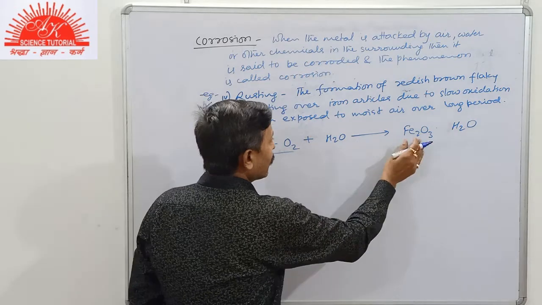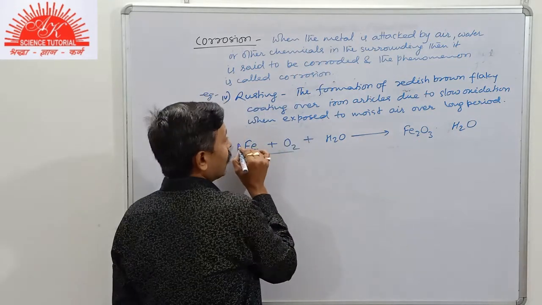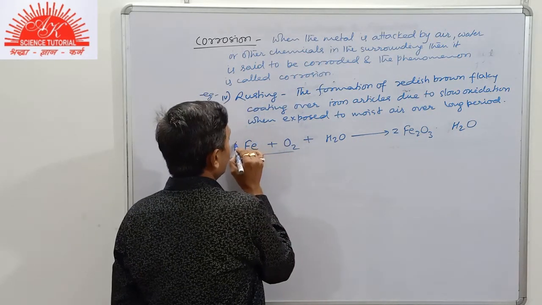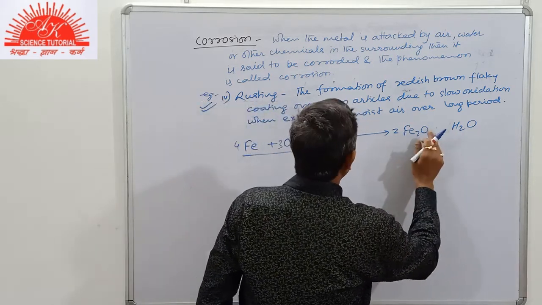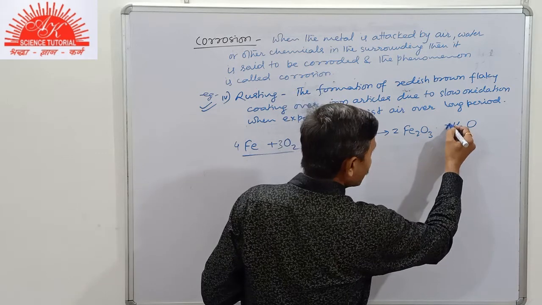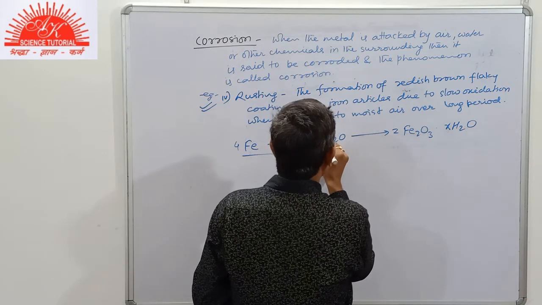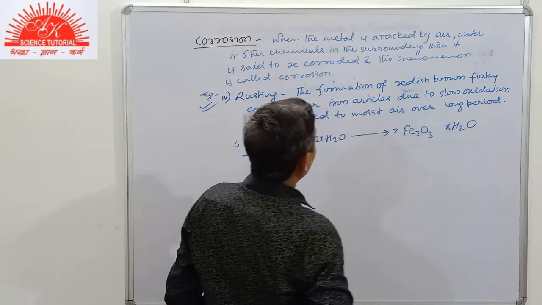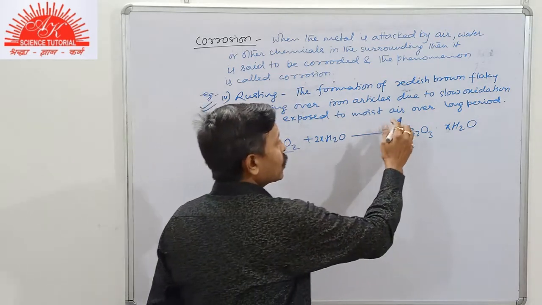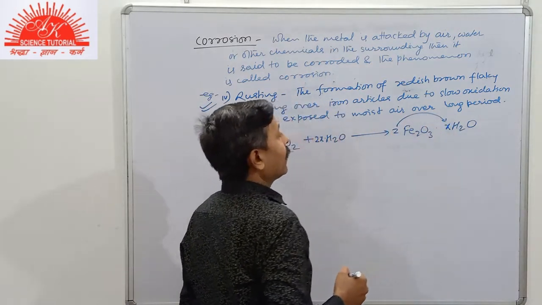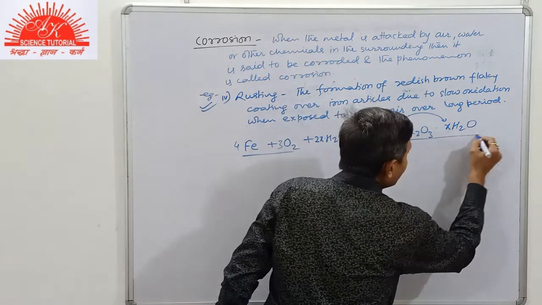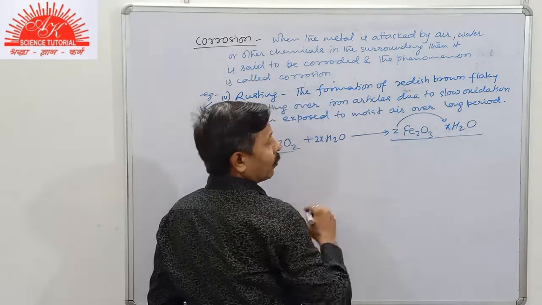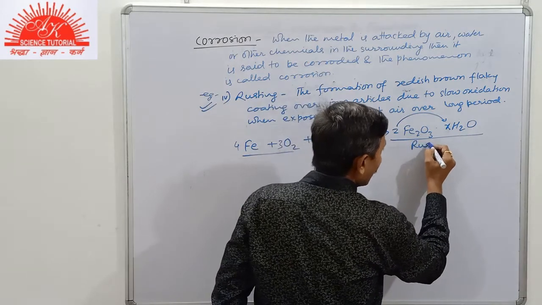Now here you see, first of all, balance this part: you take 2, here it is 4, 3, and on this part the number is not fixed, so we can write 2x, that is 2x H2O is added to it. This is the reddish brown flaky coating, and this is termed rust.